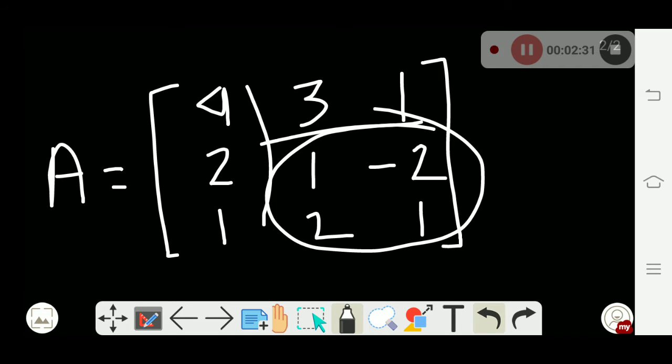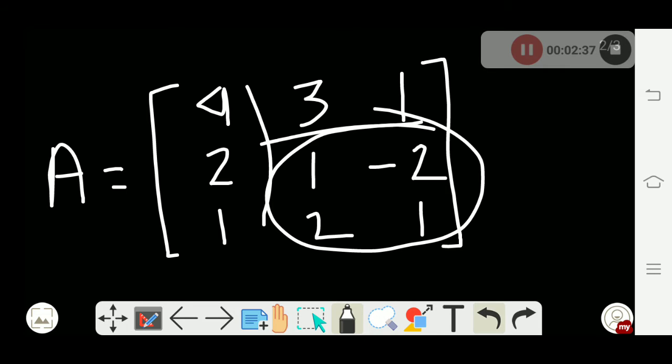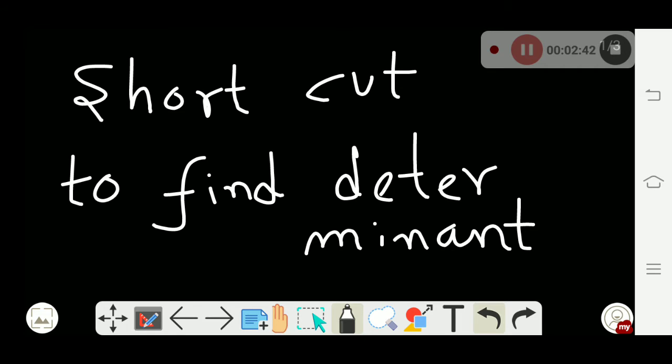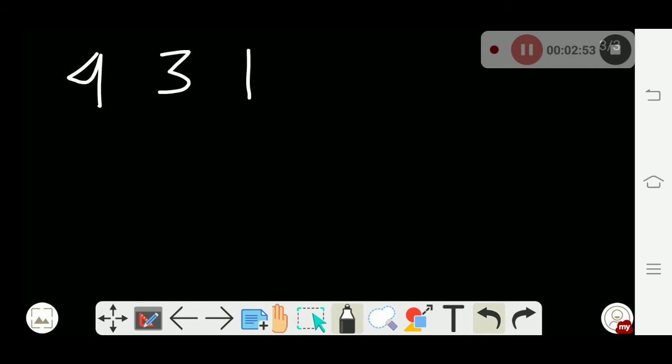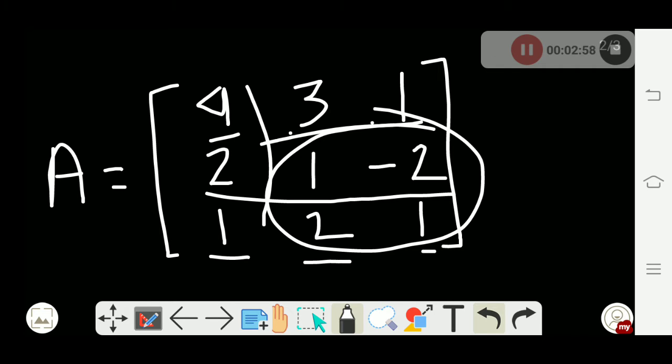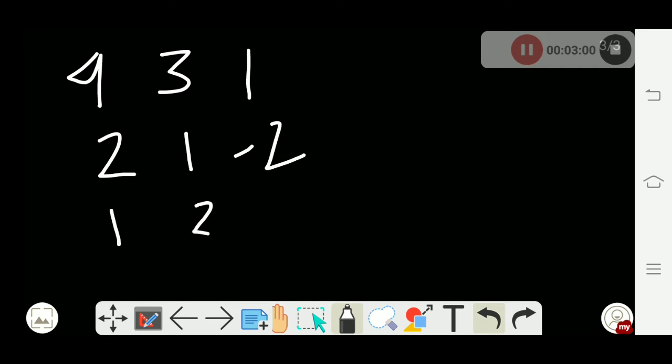So let's do that. Here we have 4 3 1, 2 1 minus 2, 1 2 1.